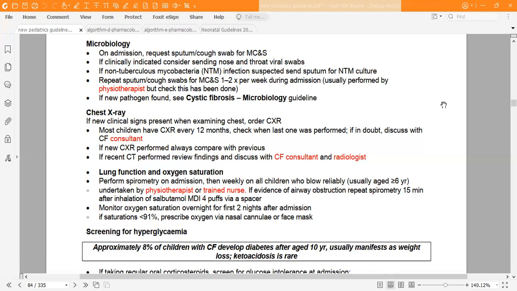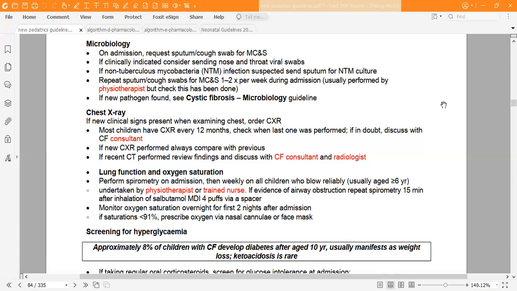Initially, they will do it without any inhalers. This child will not take any bronchodilators beforehand. If there are any signs of airway obstruction in his reading, you will repeat it 15 minutes later after he takes the salbutamol MDI, 4 puffs via a spacer.